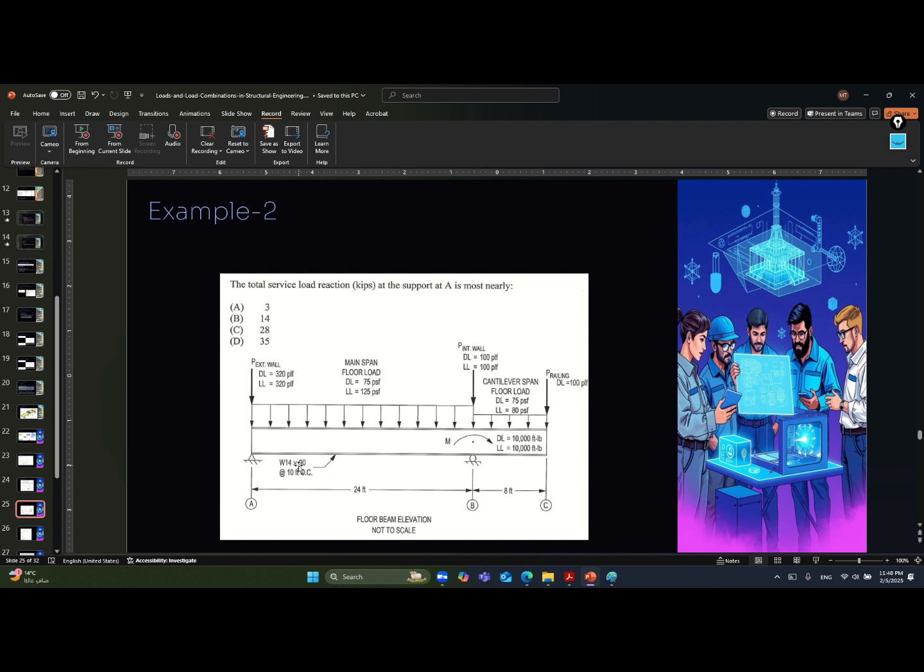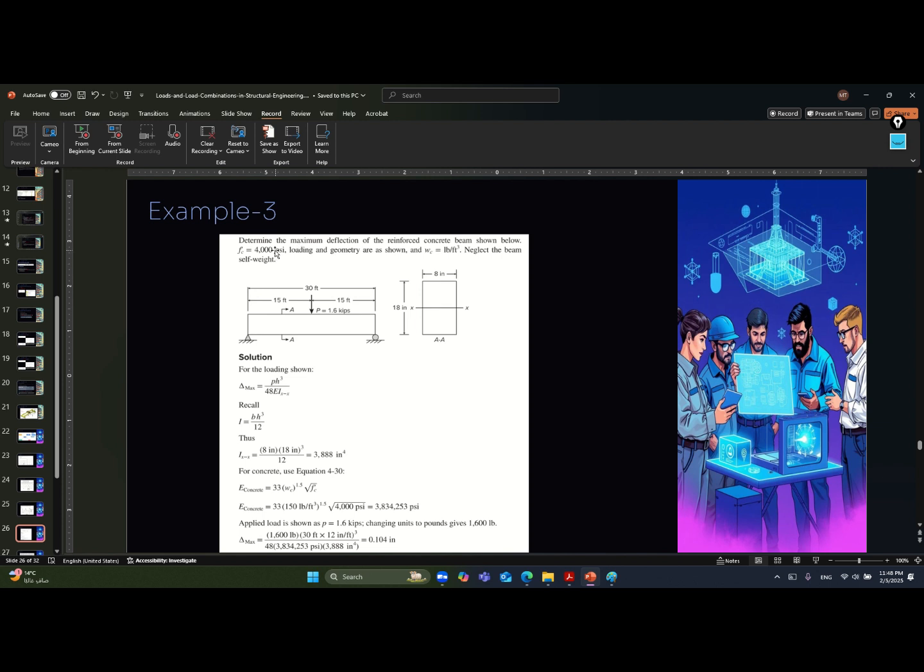In steel sections especially, we will understand that this 90 is pounds per foot. Okay, and if you need to convert it to kilogram per meter, you need to multiply by 1.5. So in this example, you should consider the own weight of this beam. That is the main idea of this example.